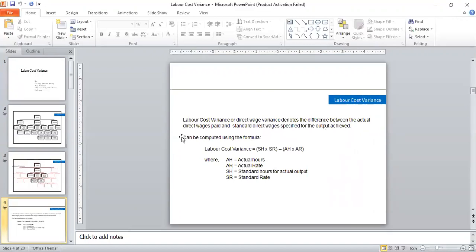We can see it with the help of a formula: labor cost variance is equal to standard hours multiplied by standard rate minus actual hours multiplied by actual rate. Here AH denotes the actual hours, AR denotes the actual rate, SH denotes the standard hours for actual output, and SR denotes the standard rate.